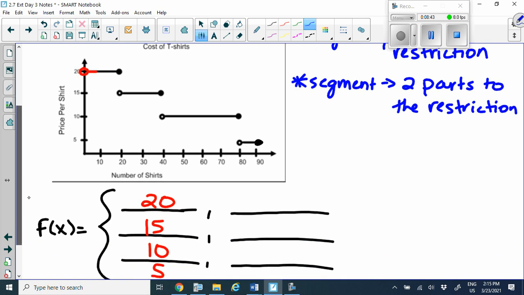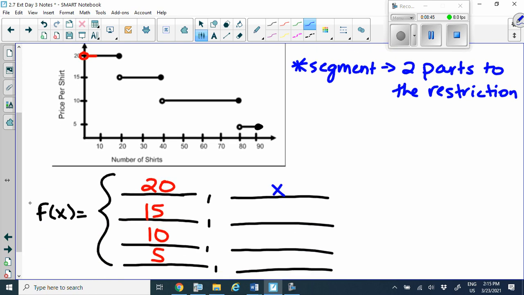And so how we write it with 2 parts is x is going to be in the middle, and we're only going to use the less than symbols. So that's the nice, easy thing, okay? Now let's look at our equation of 20. We need to figure out basically where is the open and closed circles. That's all, okay? And when we are looking at this, we're looking at the x values. So if I look, my open circle is at 0, and my closed circle is at 20.